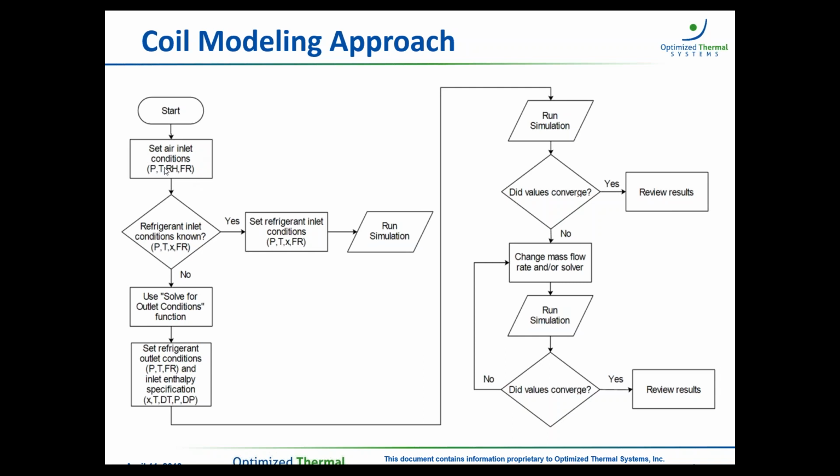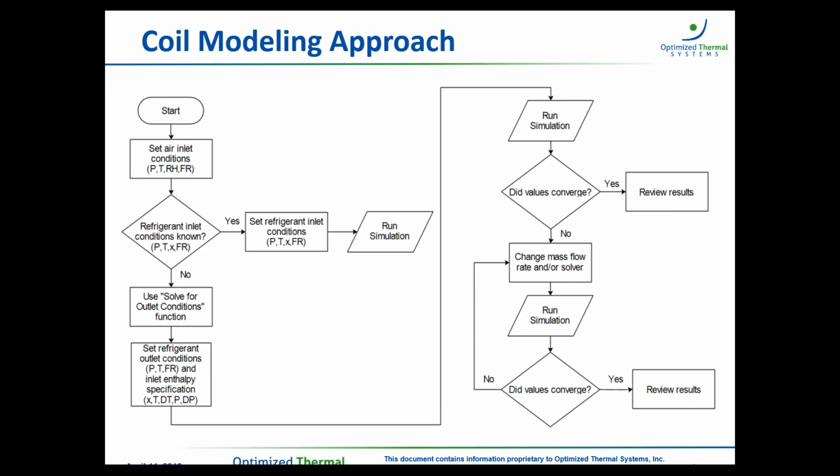We know the air inlet pressure, temperature, and flow rate, but we also know the refrigerant inlet state and mass flow rate. And if that's the case, we can set those conditions into the inlet streams of CoilDesigner through the interface and run the simulation. And this is the most basic and common technique to using CoilDesigner.